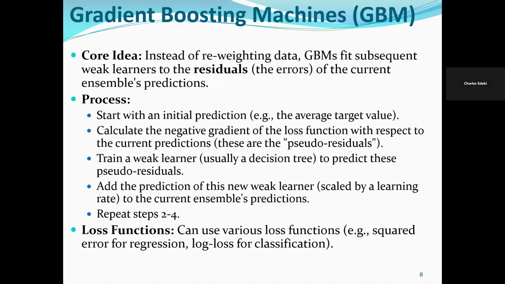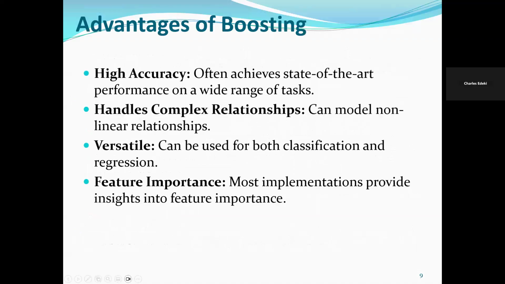Again, GBM, or gradient boosting machines. So what are the advantages of boosting? The first one is high accuracy, handling complex relationships, versatility and robustness. It is good for both classification and regression.